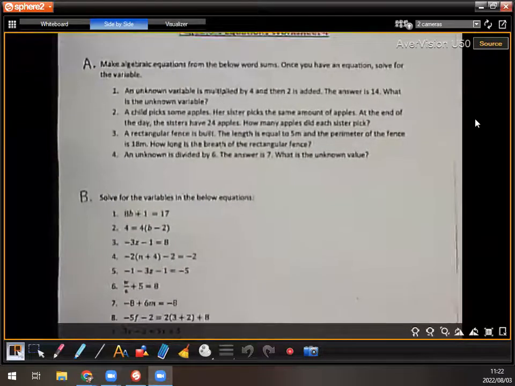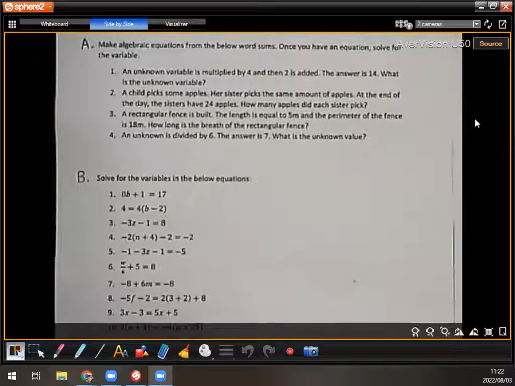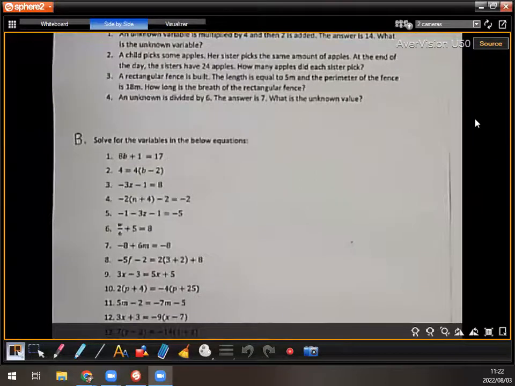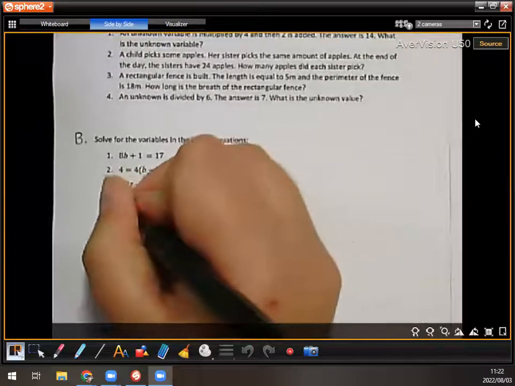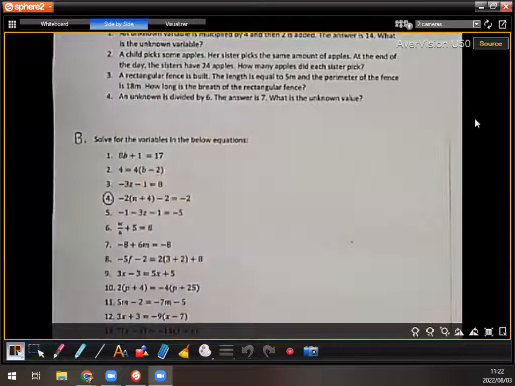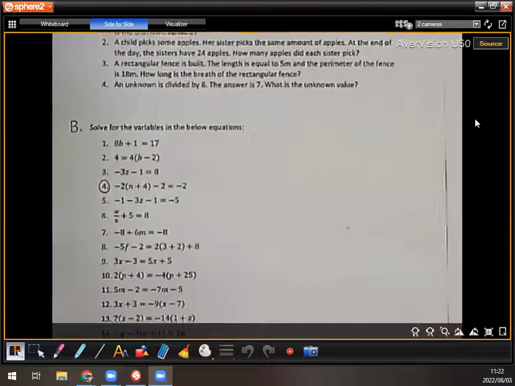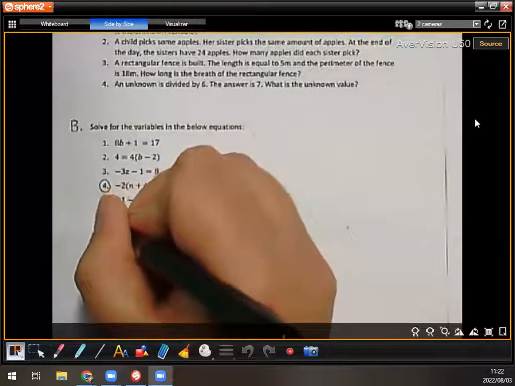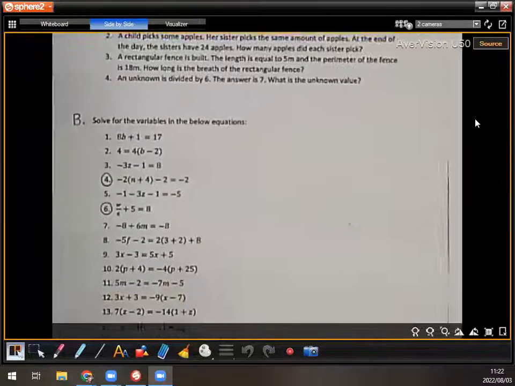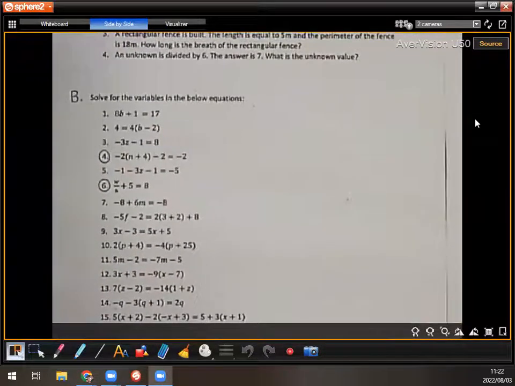You guys are doing section B for tomorrow. Not all of them, actually. I would like you to do a selected number of questions here. Let's do number 4, and then number 6, just to remind ourselves of what happens when you have that fraction situation there.